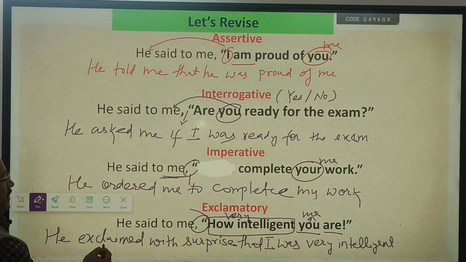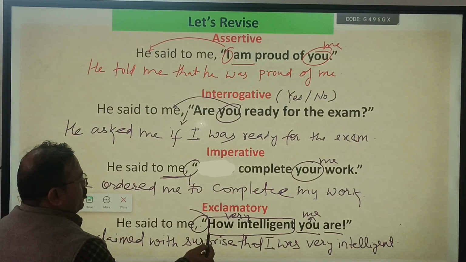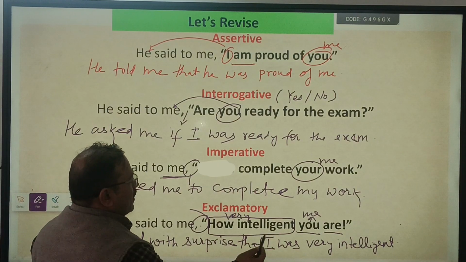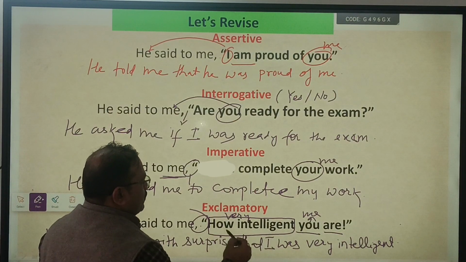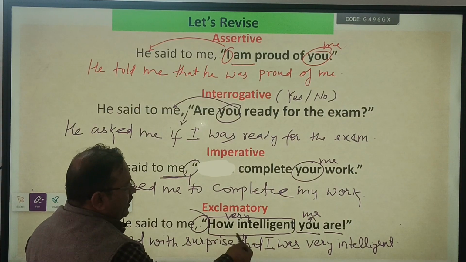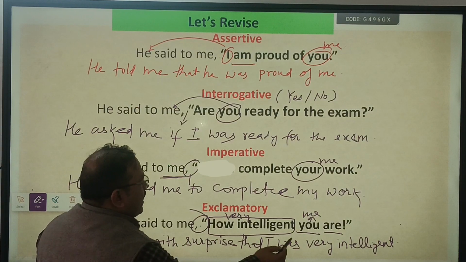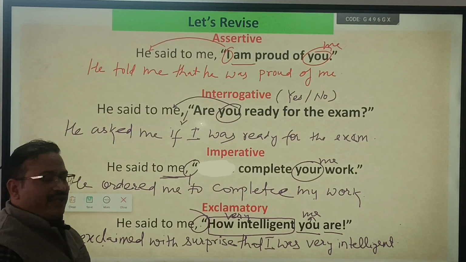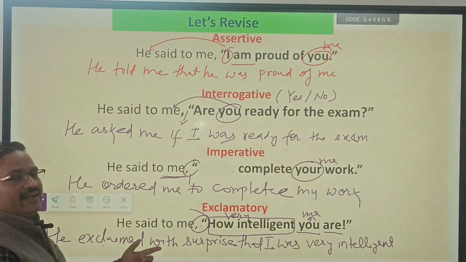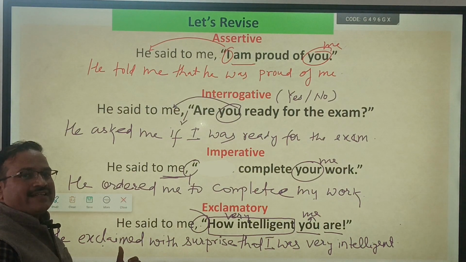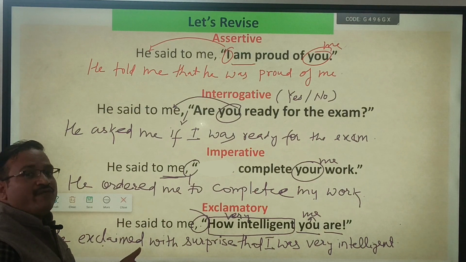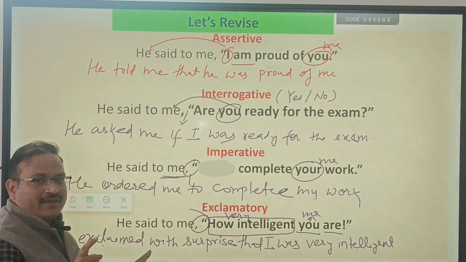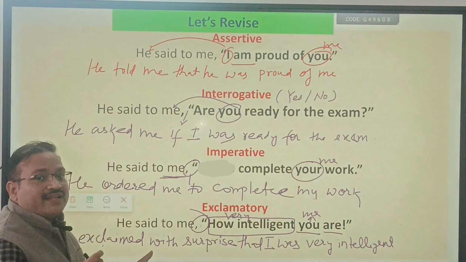Simple: "said" changes into "exclaimed," inverted comma changes into "that," and "how" or "what," as I said, change into "very" or "truly," so that I was very intelligent. Preferably, you use "with" along with "exclaim." Exclaim will be followed by "with," not "in," when you are changing the speech.